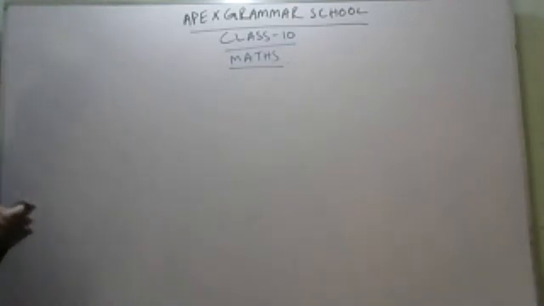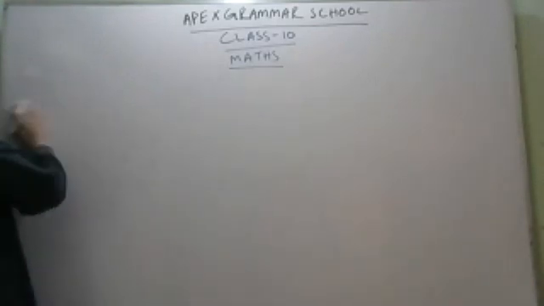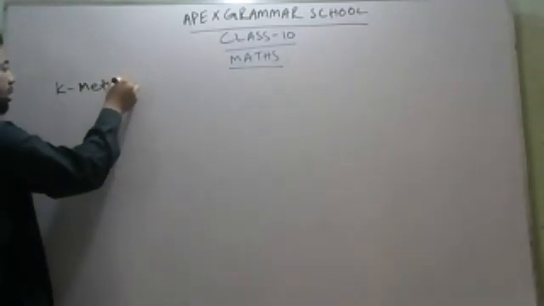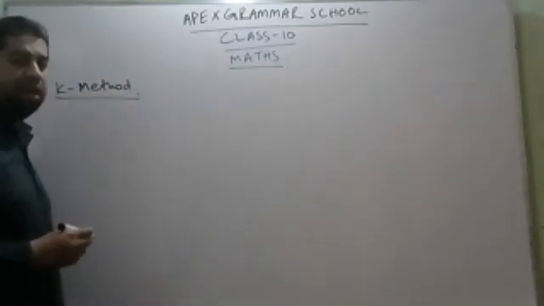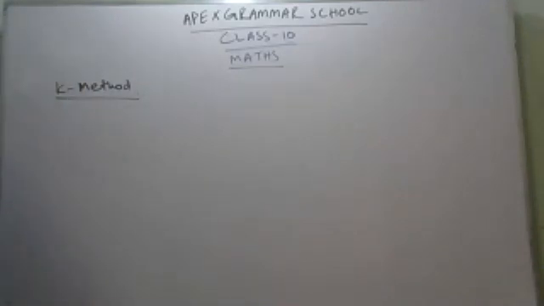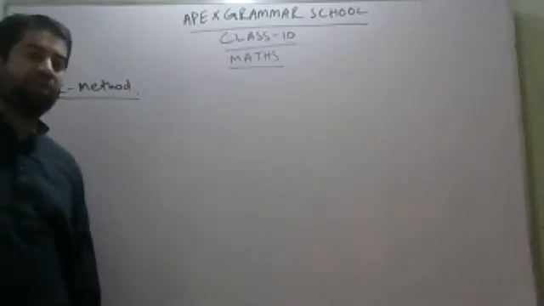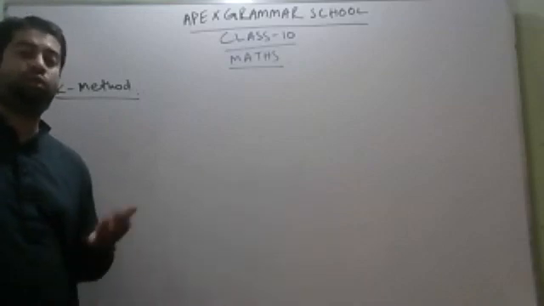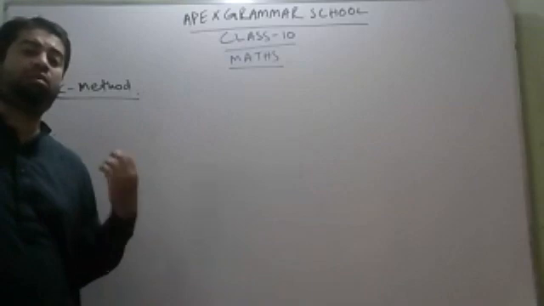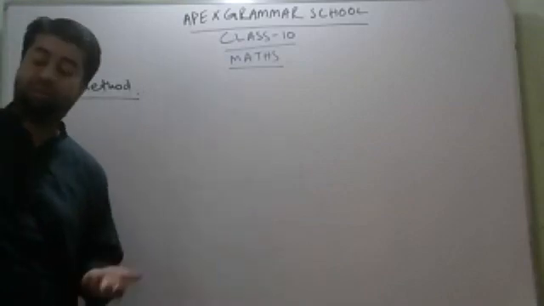This was exercise 3.5, and now we will discuss what the K method is. This K is none other than the constant between the variations. Variation occurs, and those values totally depend upon this constant, because this constant doesn't change.